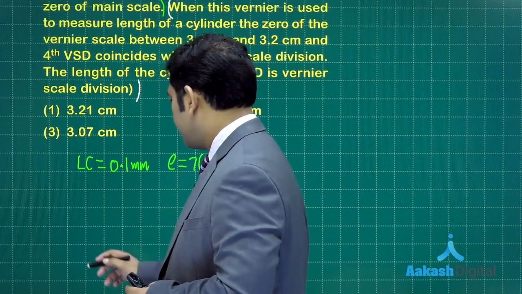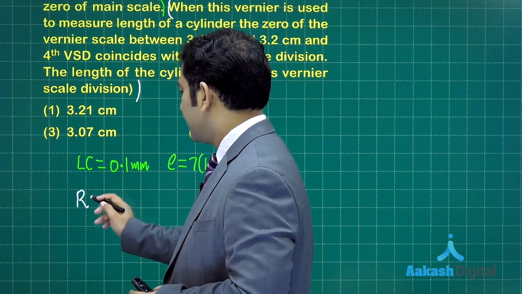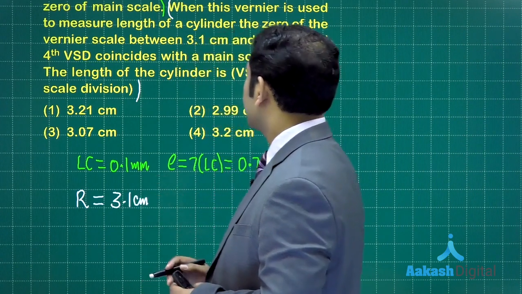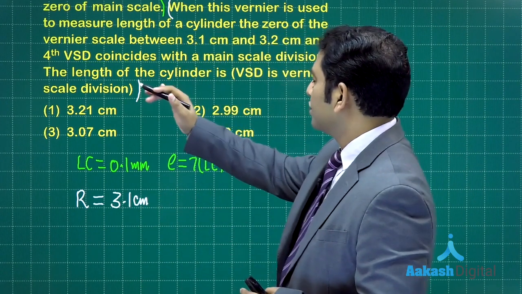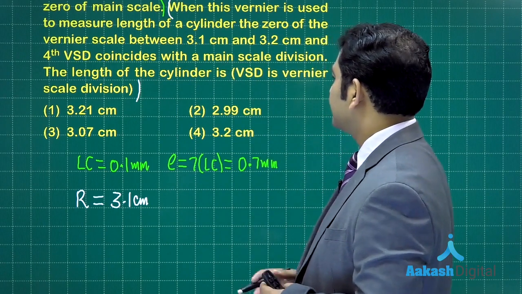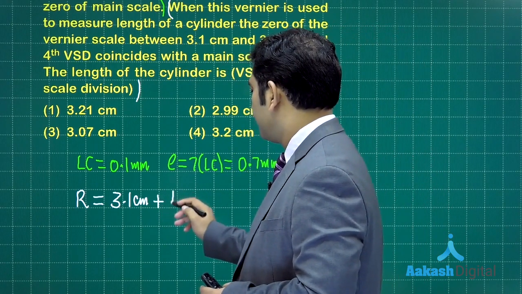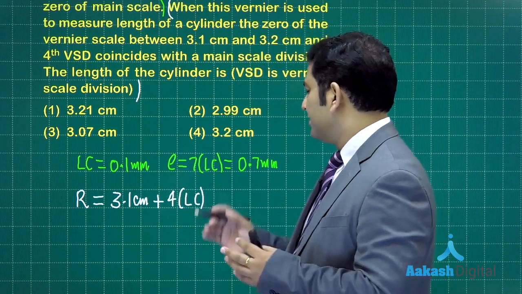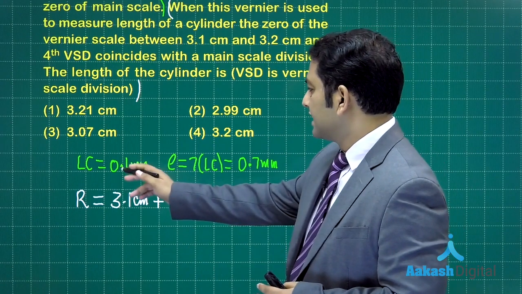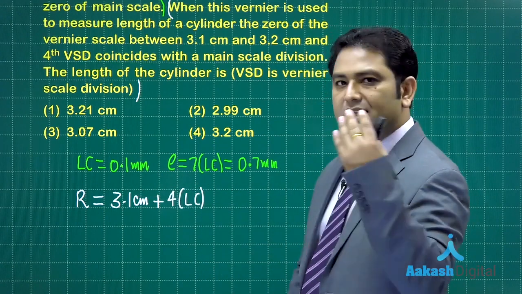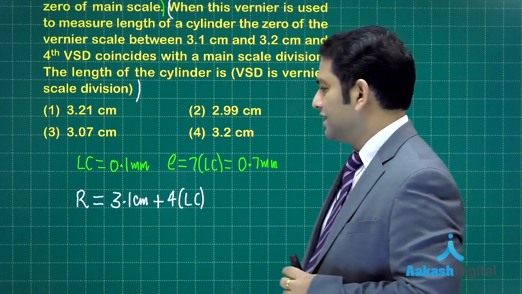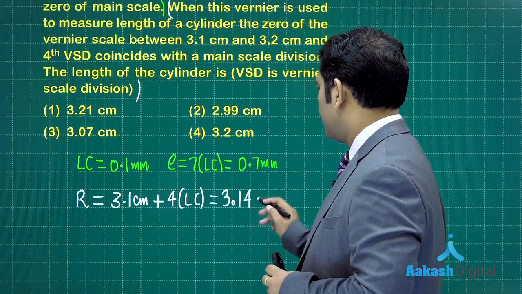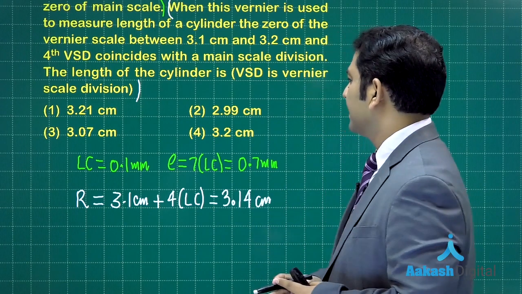So let's see what the reading would be if I represent it by R. That's going to be 3.1 centimeter, and the 4th vernier division coincides with the main scale. So that's going to be 4 multiplied by the least count. How much is it going to be? The least count is 0.1 millimeter, so 0.01 centimeter, right? So that's going to be 3.14 centimeter. This is what you get.